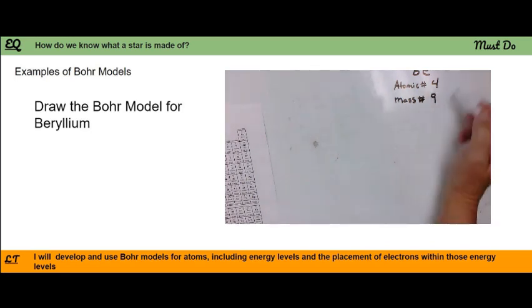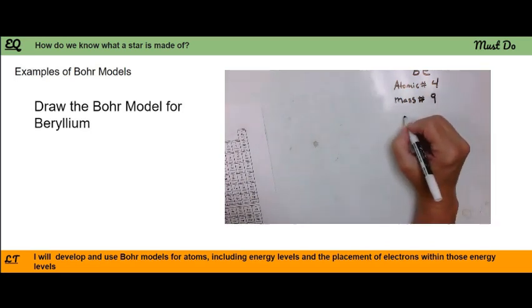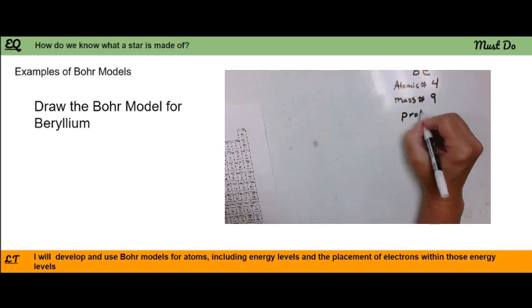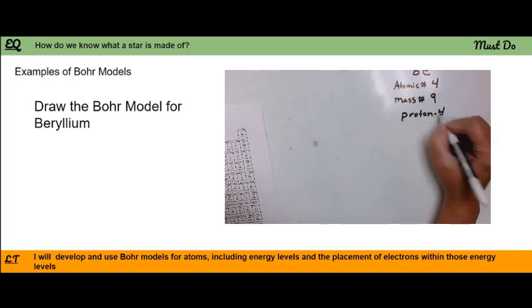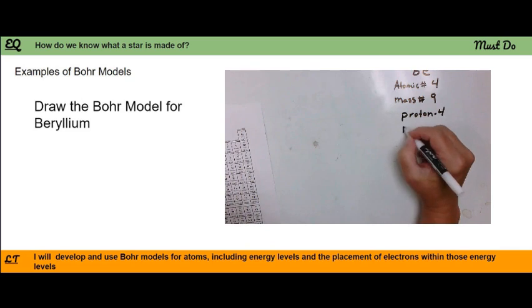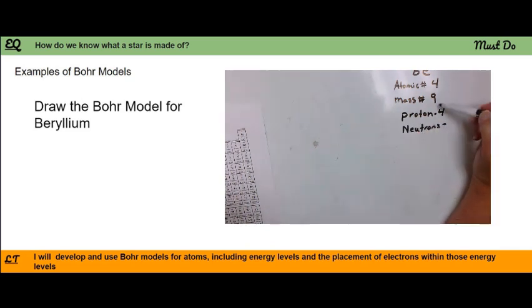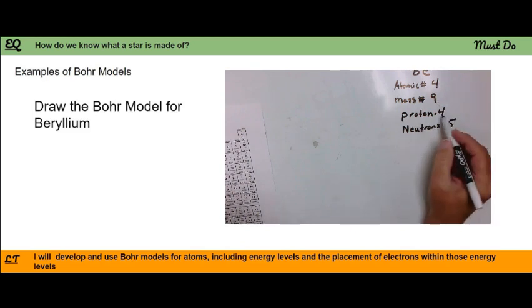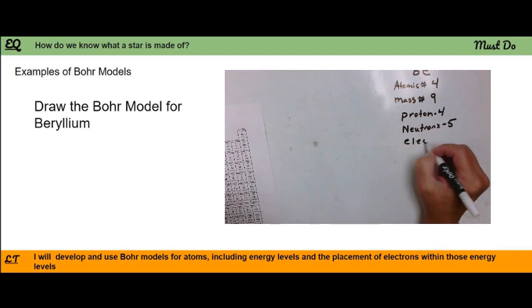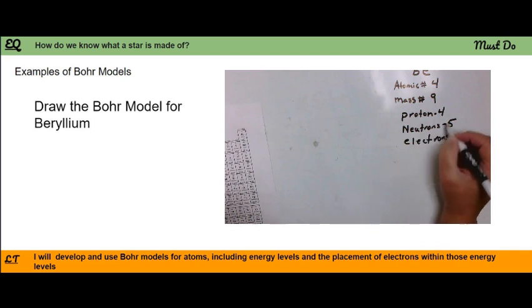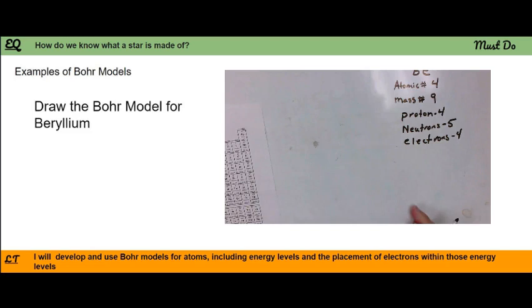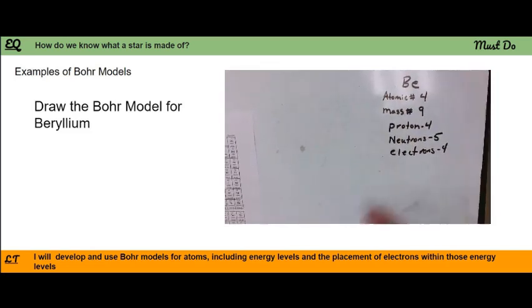From this, I can tell that I have 4 protons, and 9 minus 4 is 5 neutrons. Then remember, the electrons are the same as the protons. So that's my beryllium.